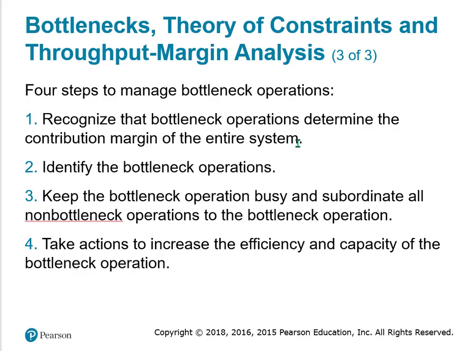And then finally, take action to increase the efficiency and capacity of the bottleneck operation. So what you do is you identify a bottleneck in your system, and you work on the bottleneck to open it up. Then you look at the whole system and find the next bottleneck. So you go from one to the next until you've really improved the capacity of the system.